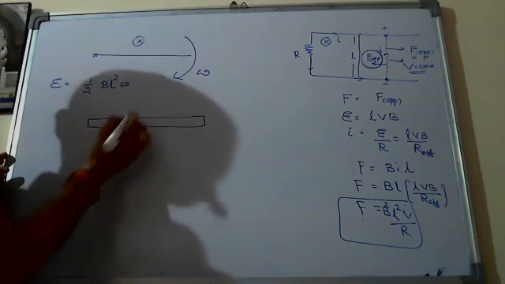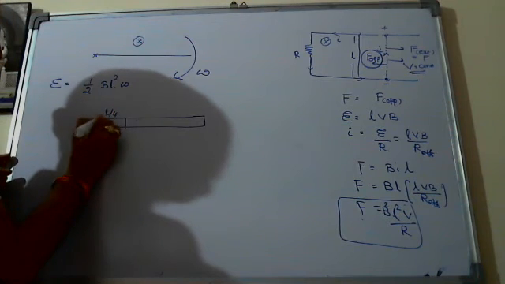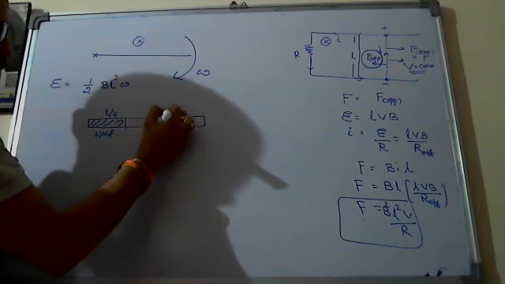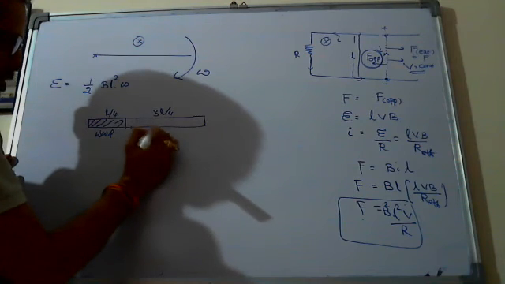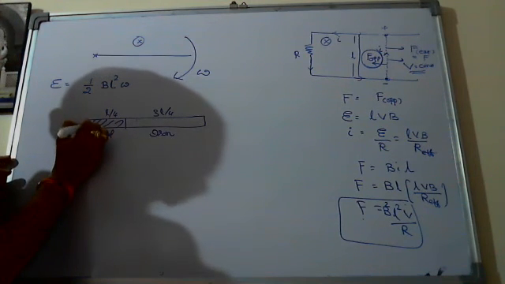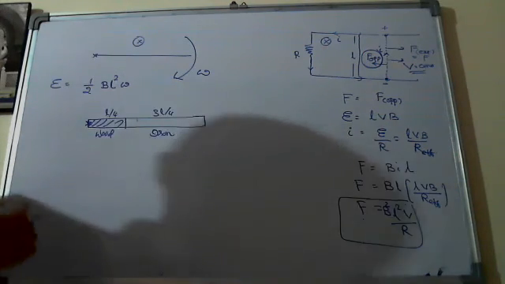Here, suppose L by 4th part is made of wood and 3L by 4th part is made of metal, iron or something, and I am fixing the axis at the wood end or at the iron end.